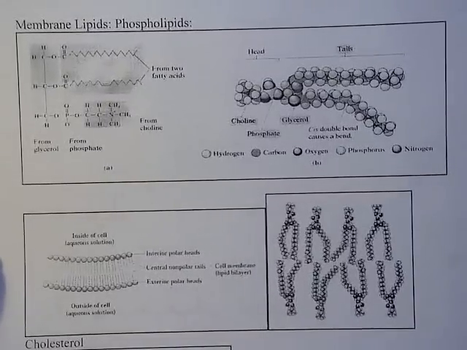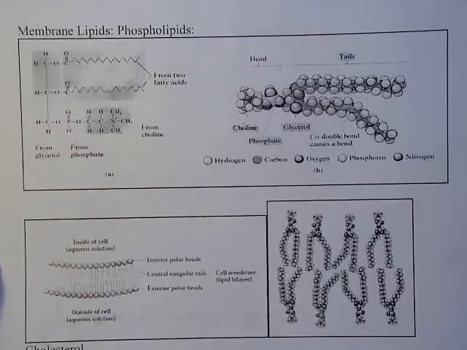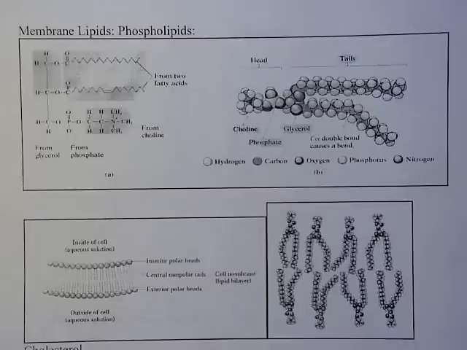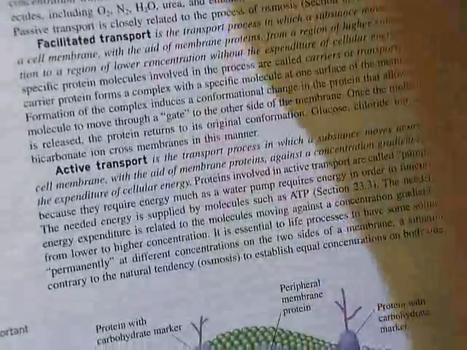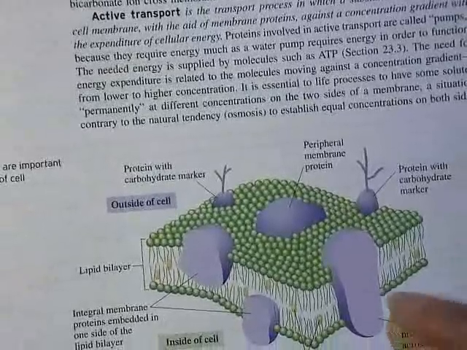Phospholipids are a big portion of the lipid bilayer in your cell membrane. They make up about 80% of the cell membrane, and the other 20% are proteins. If you take a look at a typical drawing of a cell membrane, this one from a biochemistry book, this is what you typically see.